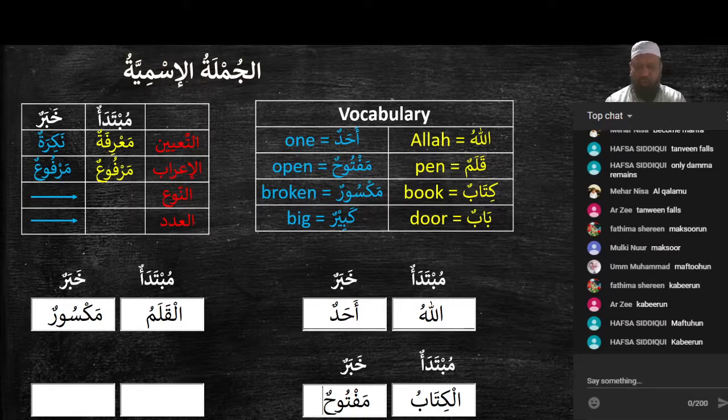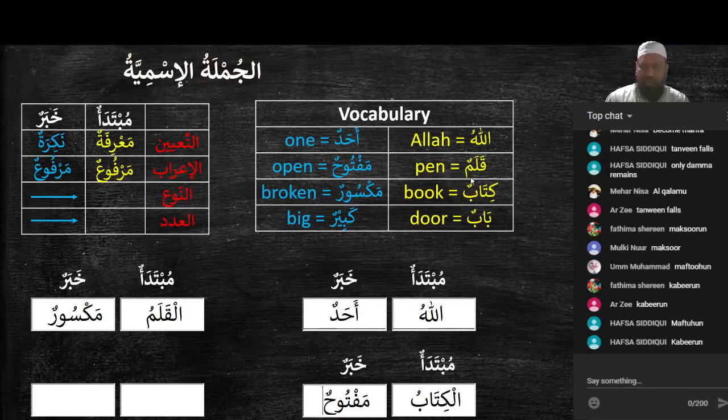Al-kitabu maftuhun. Translate. Al gives us the meaning, so because it's ma'rifah, we start with the. Al-kitabu maftuhun. What does it mean?